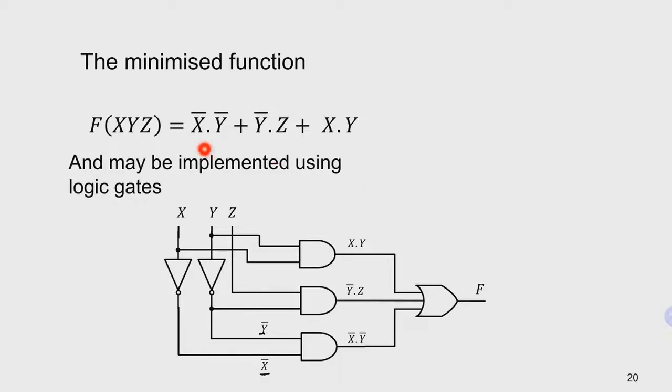And the first prime implicant is AND of X bar with Y bar. And then the next one is AND of Y bar with Z. And then the final one is X and Y. Then put all of them through an OR gate.